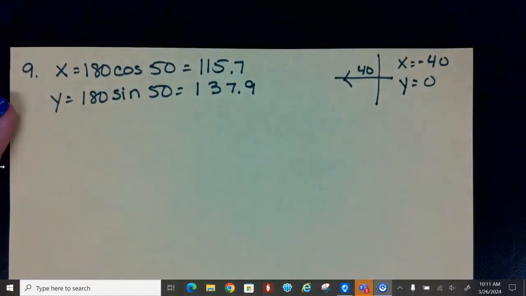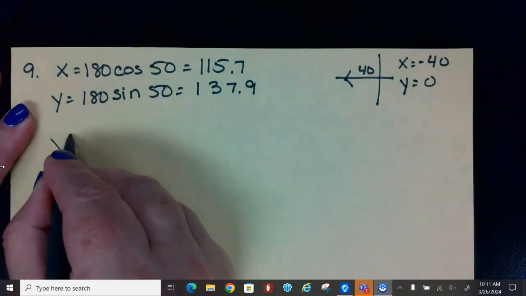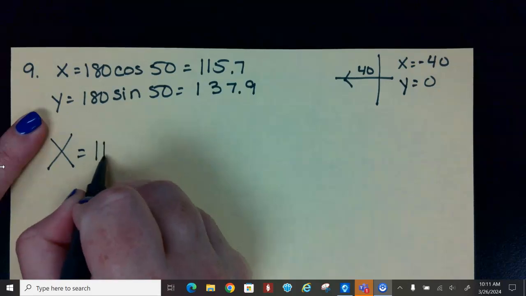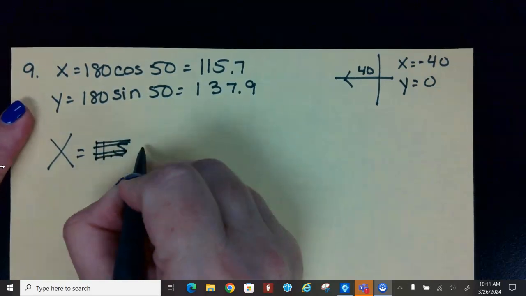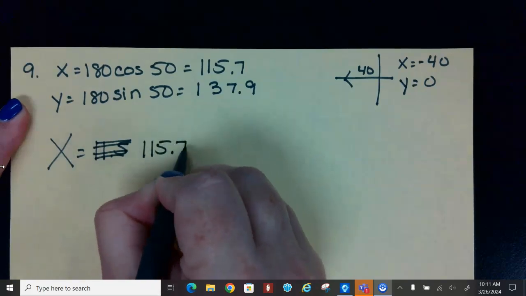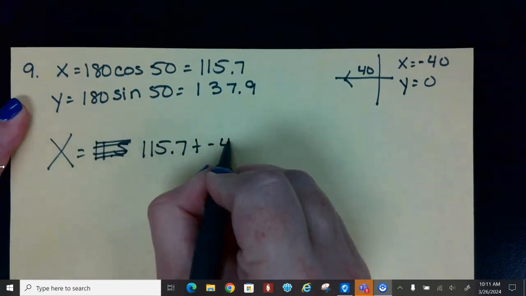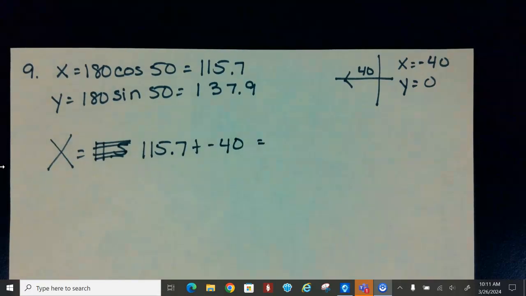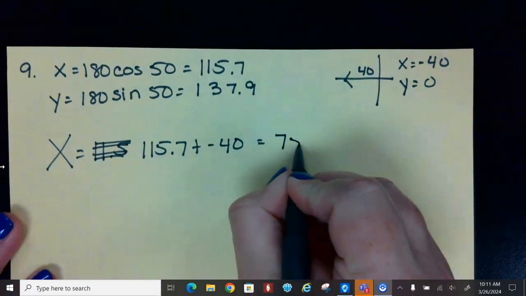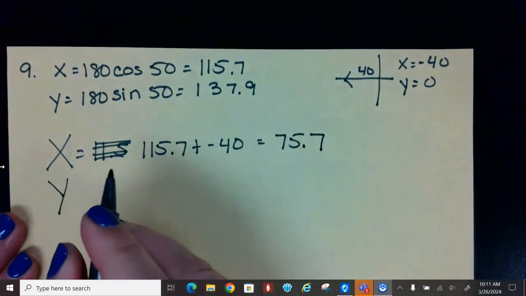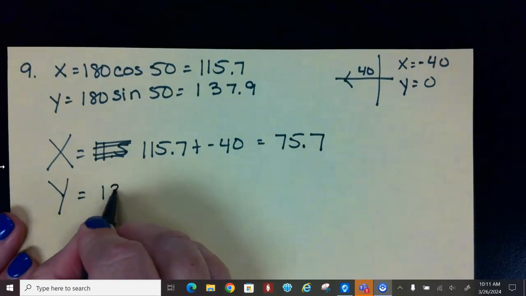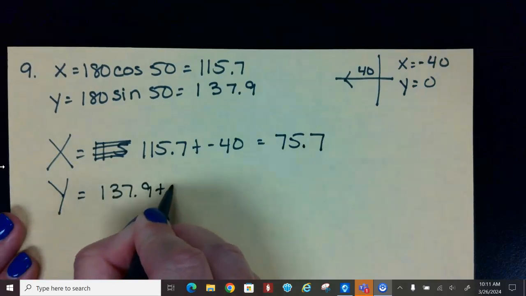Now here we go. Now we're going to do what I like to call the big X. We're going to add all our x's together. 115.7 and then a negative 40. And that's going to be 75.7. And then we're going to do the big Y. 137.9 plus 0 is 137.9.